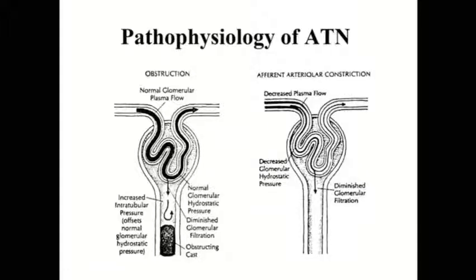A way of thinking about it is that a sick nephron, a sick tubule, sends signals, both biochemical as well as neurotransmitters, that signal back to that afferent arteriole: don't filter through this nephron, this is a diseased tubule, shunt that blood somewhere else. These are not necessarily mutually exclusive theories, this obstruction and vasoconstriction theory, but they're two ways of thinking about how underlying tubular disease can manifest as a decreasing glomerular filtration rate.